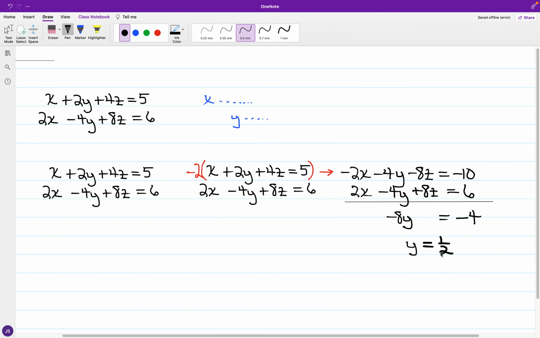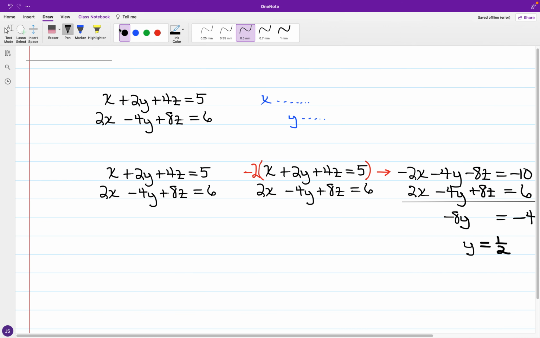So going back to what we have in the system, we've got x plus 2y plus 4z is equal to 5. And for the second equation, that reduces to y is equal to 1/2.